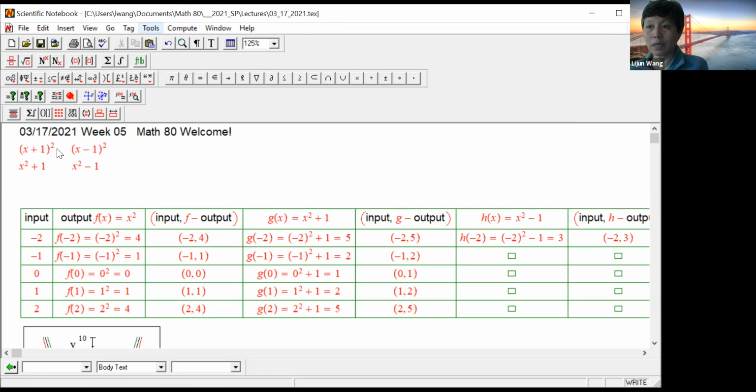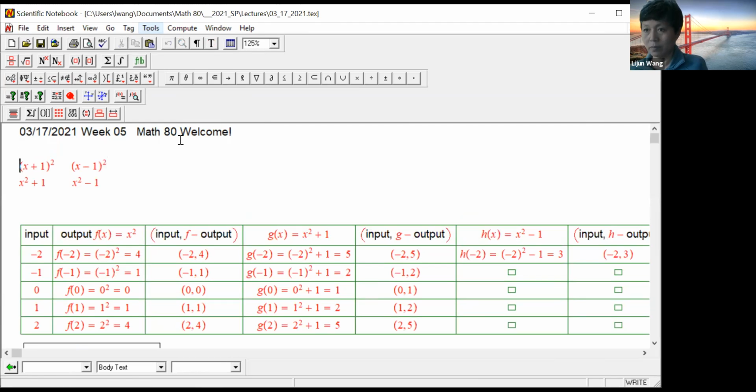So let's see the difference between this guy and that guy. Differences between x squared and this guy.